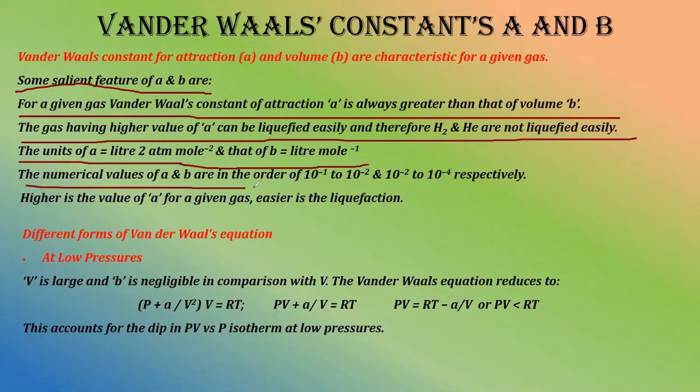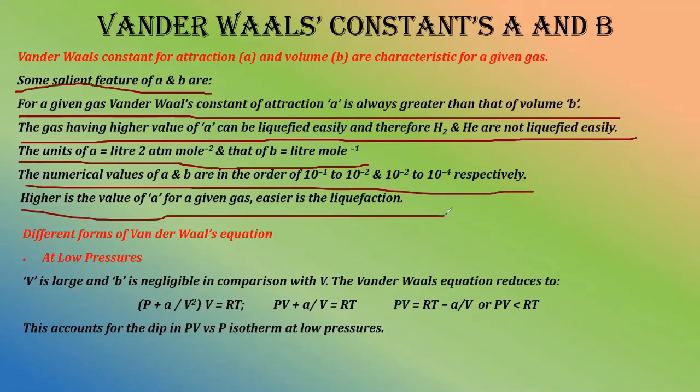Numerical values of A and B are of the order shown here. The higher the value of A in a given gas, the easier is the liquefaction of that gas. These were the salient features of the Van der Waals constants A and B. So it's quite easy, don't be worried.